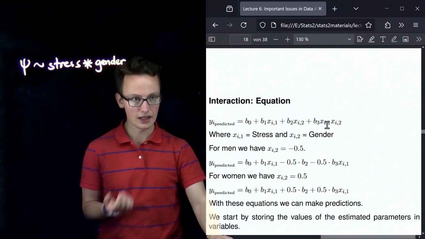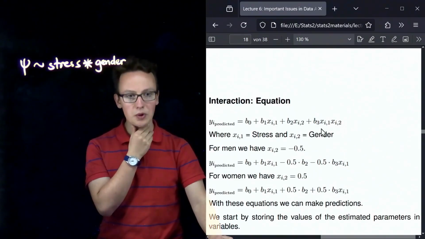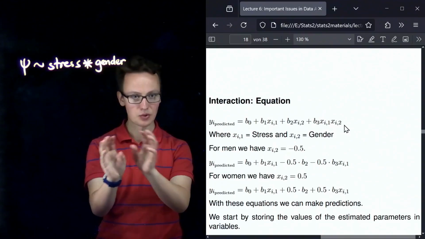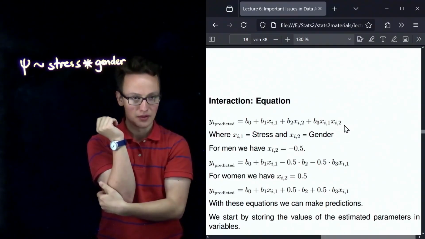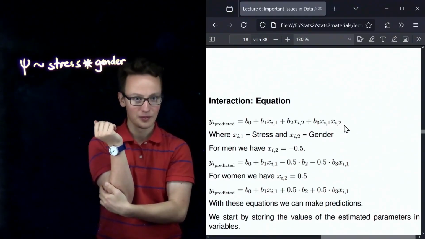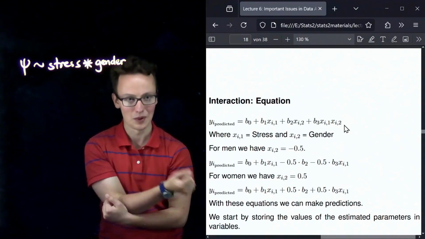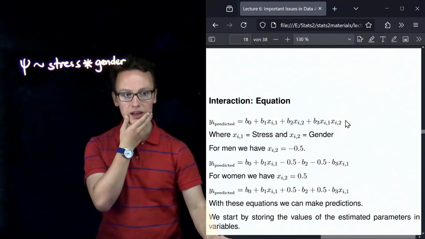And interestingly, for the interaction, we have to do the slope multiplied with the product of the two individual values from the two predictors. So for the interaction, we always have to do slope times value from predictor 1 times value from predictor 2. That's how we get the interaction term into the equation, right?